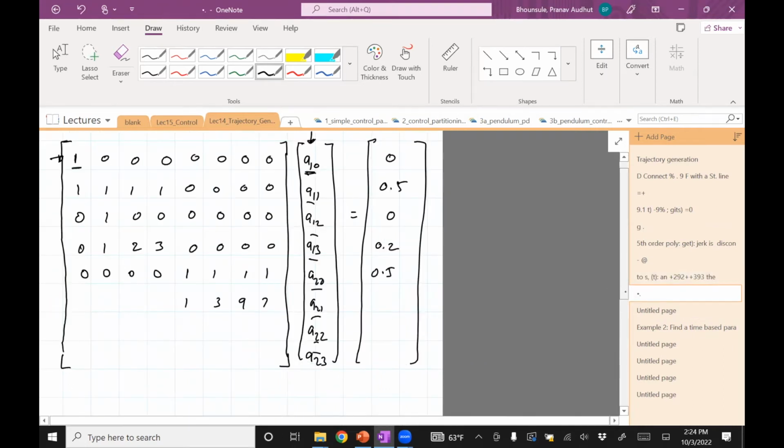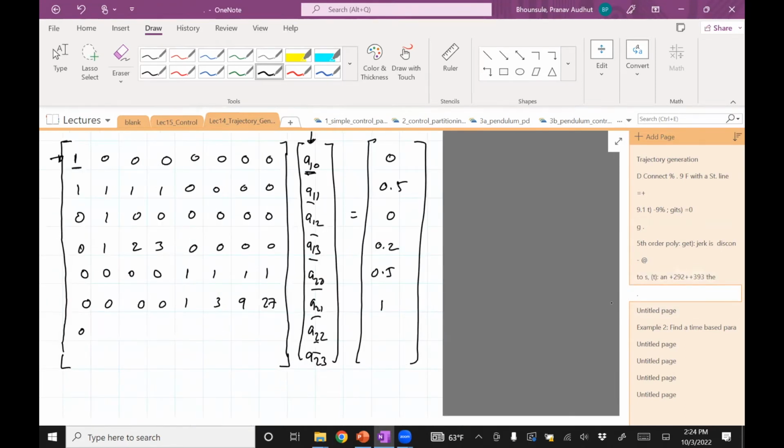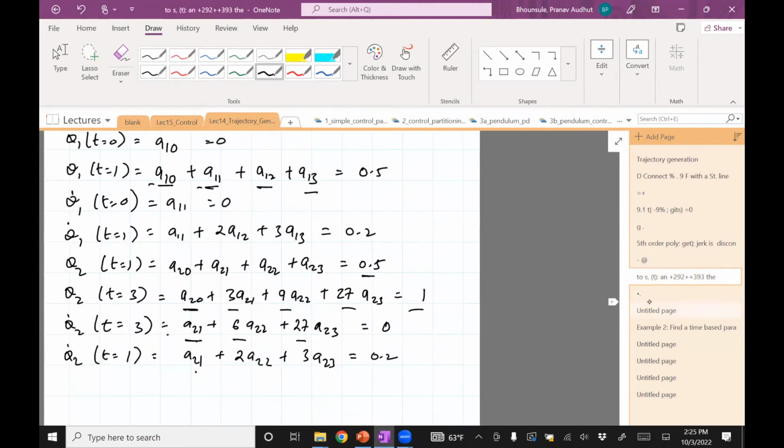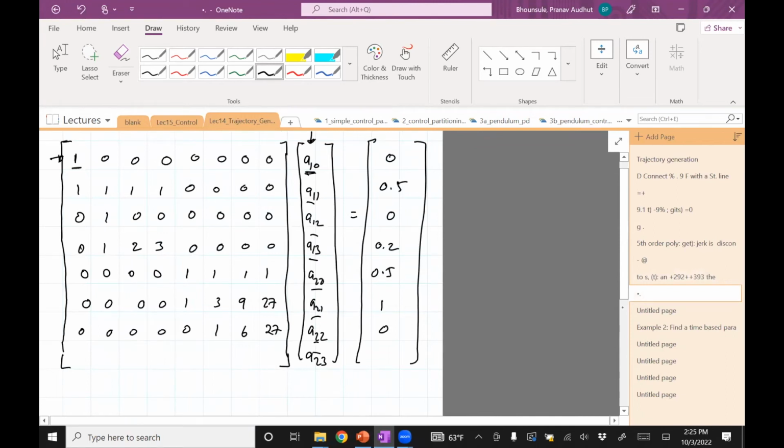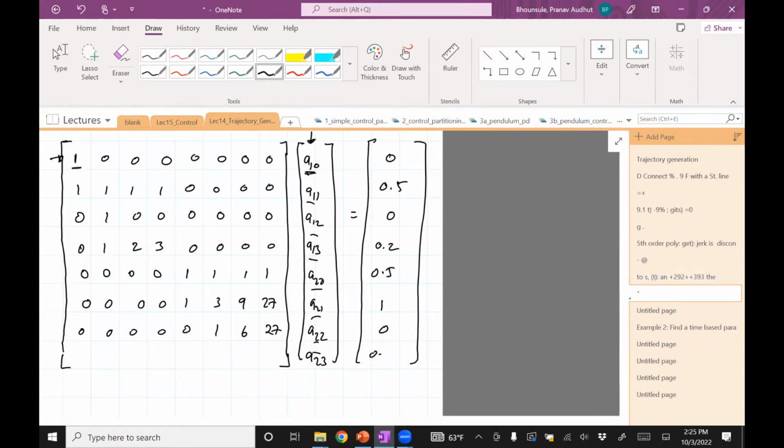Then, remember A20 is the first one, so 0, 1, 6, 27, and that should be 0. And then the final equation is 0 for A20, 1 for A21, 2, 3, so 0, 1, 2, 3 equals 0.2.